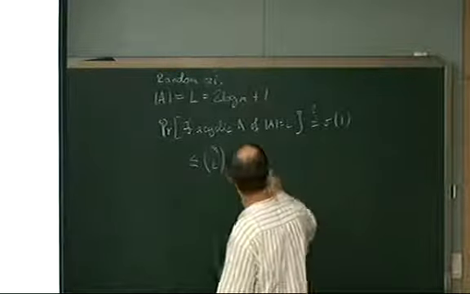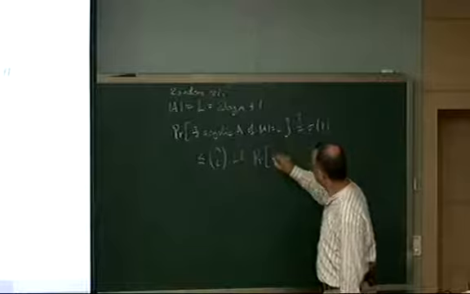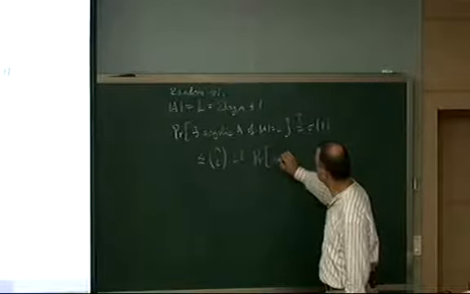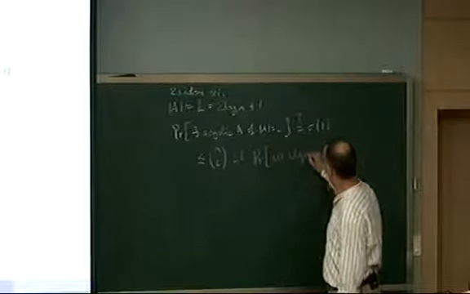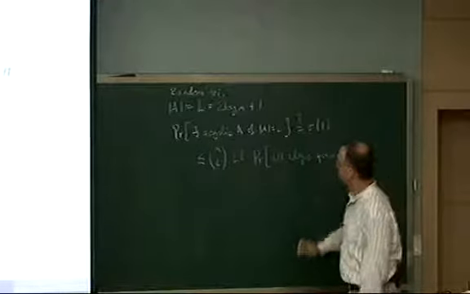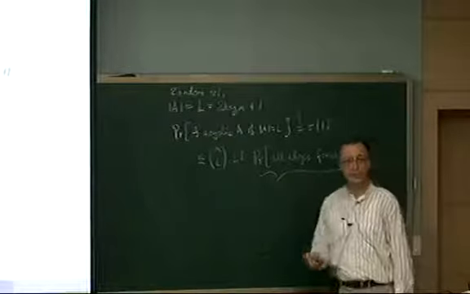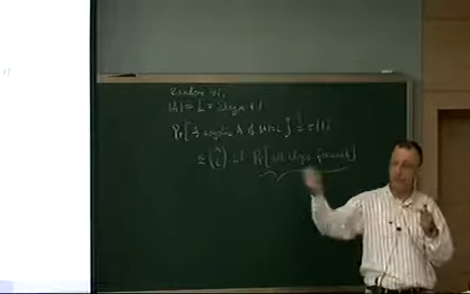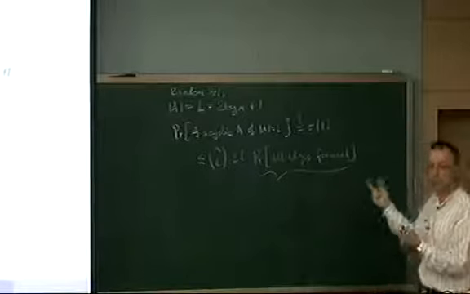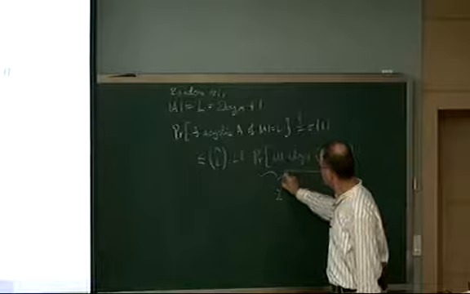So this is times the probability that all edges forward. And this probability, you have L choose 2 edges, and each of them points forward with probability 1/2. So this is 2 to the minus L choose 2.